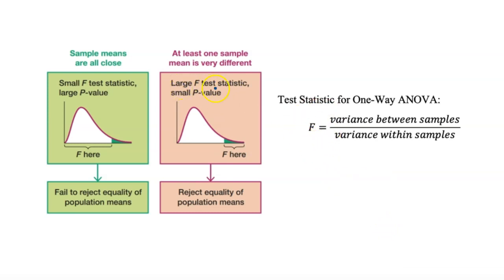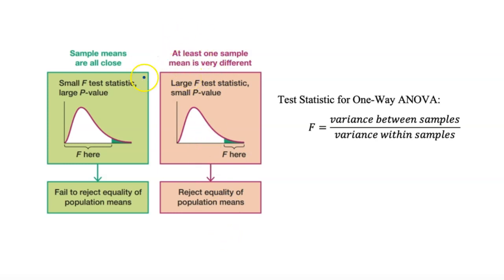And when I have a larger F statistic, that means that this F value is very off to the right, which means I have a small p-value, a small area to the right of that F statistic. And that means that I'm rejecting the equality of population means. If I reject the equality of population means, what I'm saying is at least one sample mean is very different.